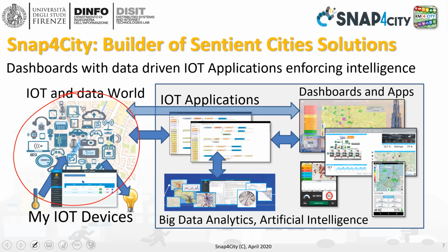From the data flow, you can exploit big data analytics based on machine learning, for instance, or other artificial intelligence techniques developed in RStudio or Python, whatever, and you can develop these tools directly online, exploiting the Snap4City application and tools, and deploy them as microservices for the flow. So the two aspects, the data analytics and the flows and dashboards, are all connected together, all well integrated, and with clicks you can pass from one to another.